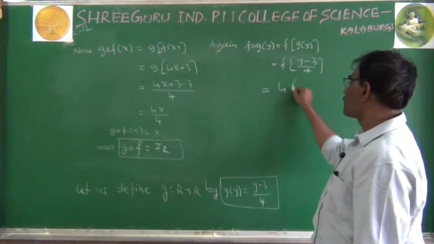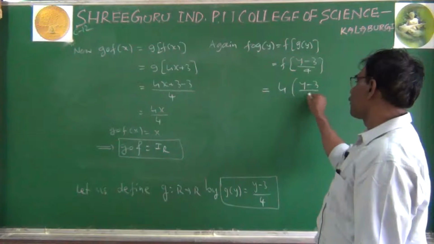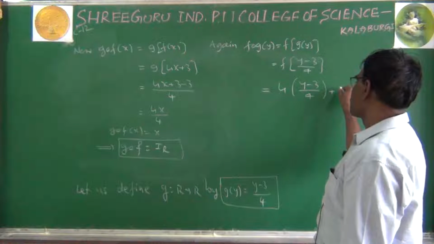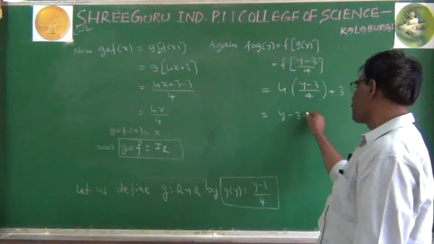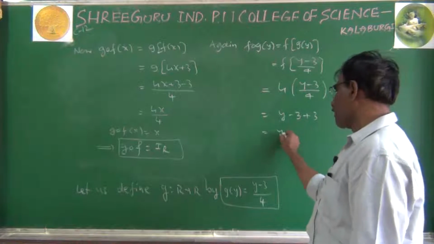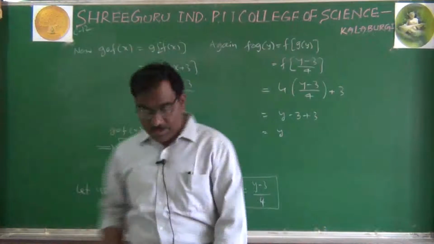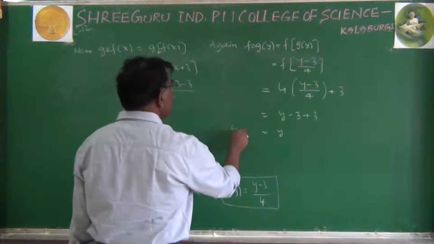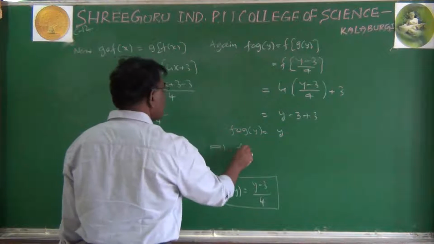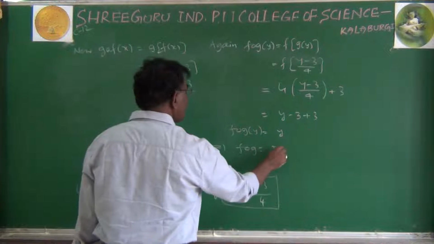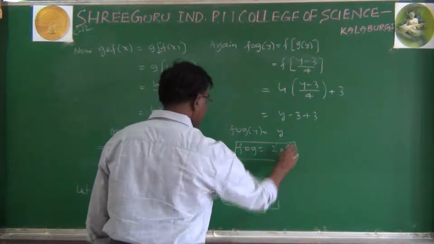So 4 times y minus 3 by 4, plus 3. The 4 cancels: y minus 3 plus 3 equals y. So f composition g of y is y, which implies f composition g equals I sub R.